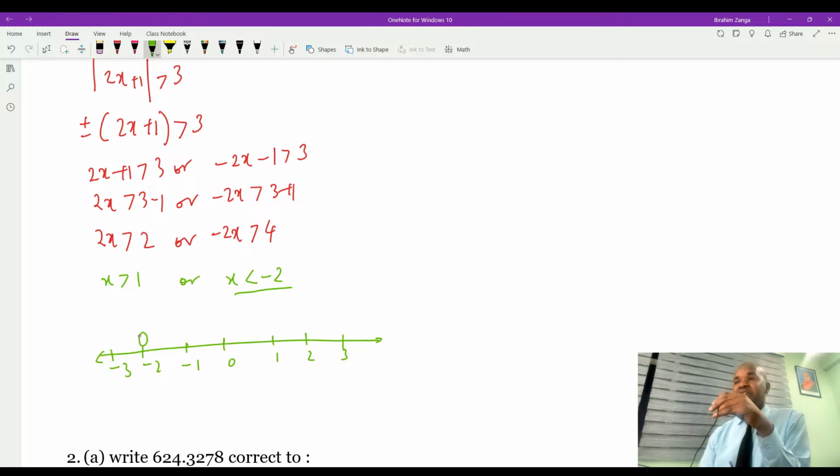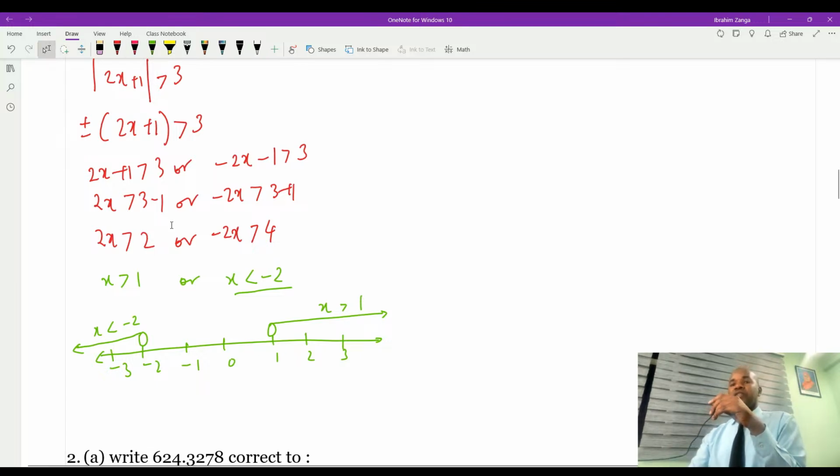You're going to use a small circle, and this is going to be x is less than negative 2. And coming to x is greater than 1, so I'll be circling here, a small circle again, because the numbers are not included, so this is x greater than 1. So that is the solution for question number 1 completely.